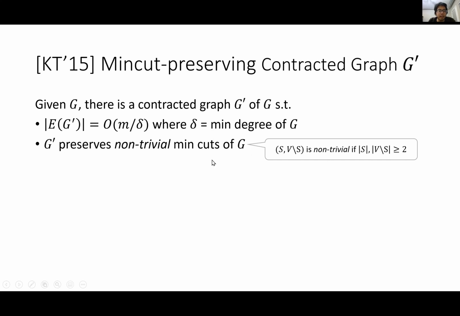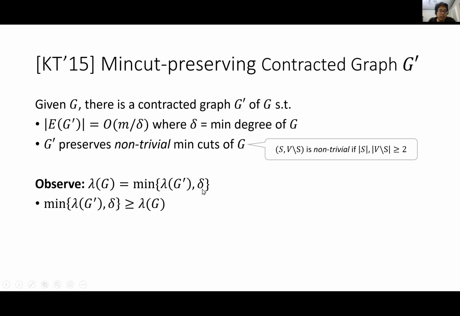All right. So this is very handy once you have G prime, because this is a good observation. The edge connectivity of G is exactly the minimum between two things. First, the edge connectivity of G prime and the min degree of G. Why?